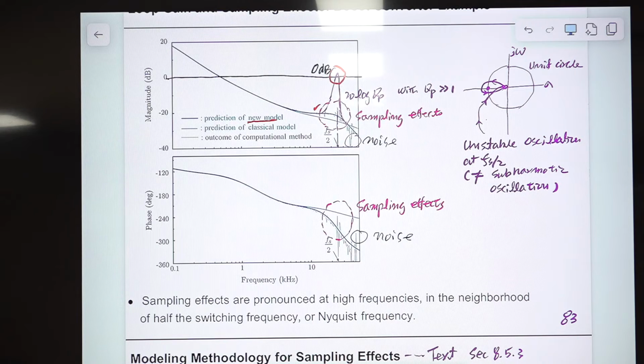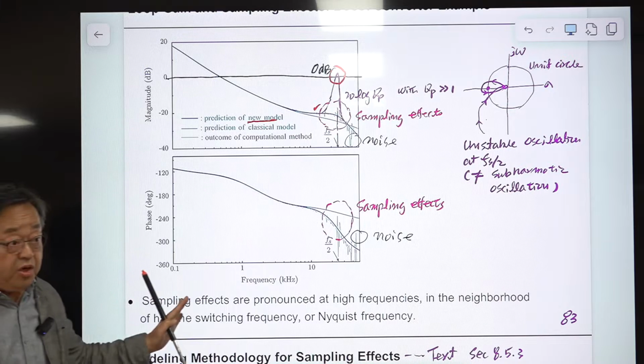Sampling effects are pronounced at high frequencies, namely in the neighborhood of half the switching frequency. That frequency is called the Nyquist frequency. Something is switching periodically, and half the switching frequency is called just the Nyquist frequency. That's simple.